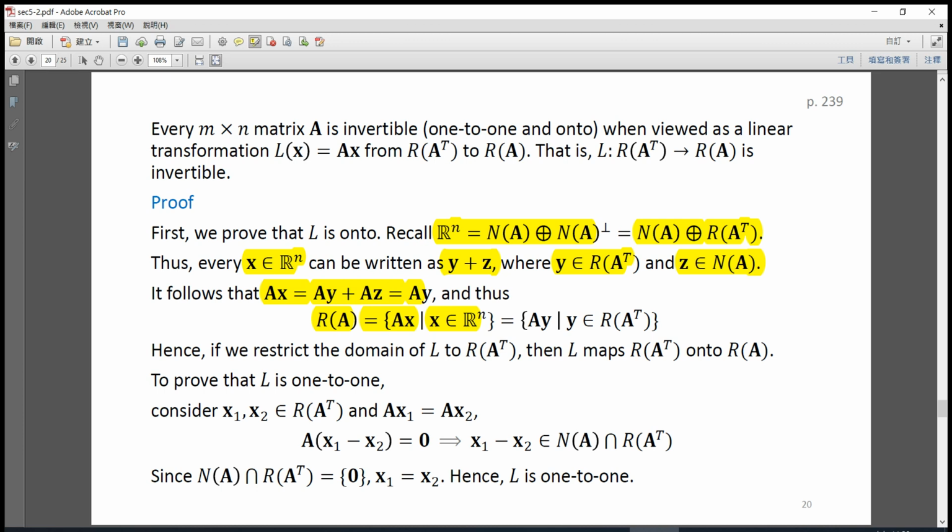In view of the relation Ax equals Ay, the column space of A can also be written as the set of Ay, where y is an arbitrary vector in the column space of A transpose. Thus, if we restrict the domain of L to R(A transpose), then L maps R(A transpose) onto R(A).